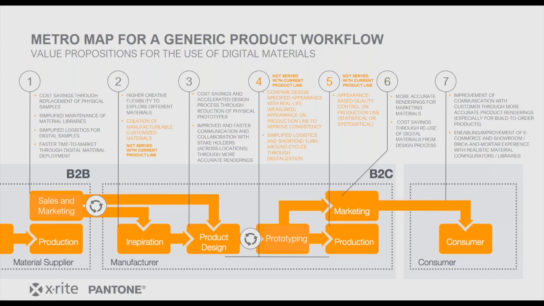In addition, once a particular company decides that they want to use a material, they're going to take that material, they're going to figure out if they can produce it. So there's another going back to the manufacturer and making sure that they can produce it. Maybe they've made some tweaks to it. They wanted a different color. They want to make sure that it matches with everything else that they're producing on different materials. There's the whole inspiration process.